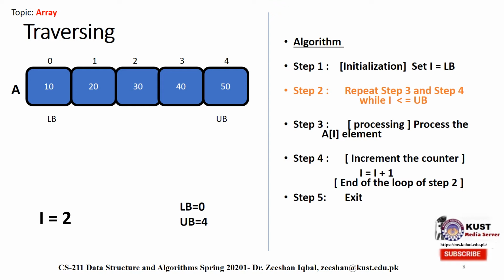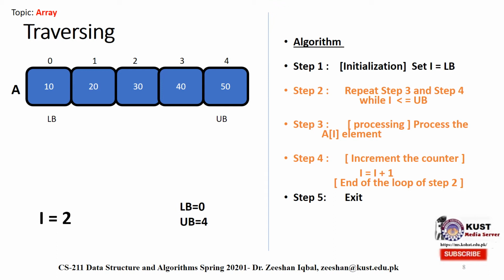In that case, we repeat steps 3 and 4 again. In step 3, we process the element at the ith position, which is 2. For example, we process the value 30 in this case. After processing, we move to step 4 by incrementing the value of I, so the new value of I will be 3.